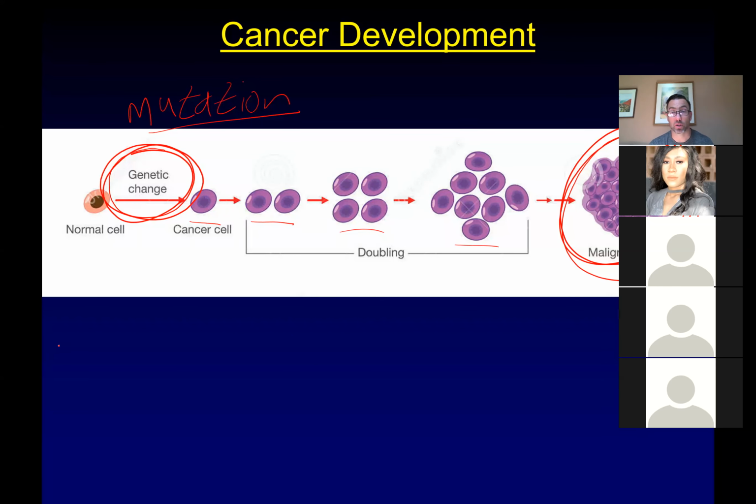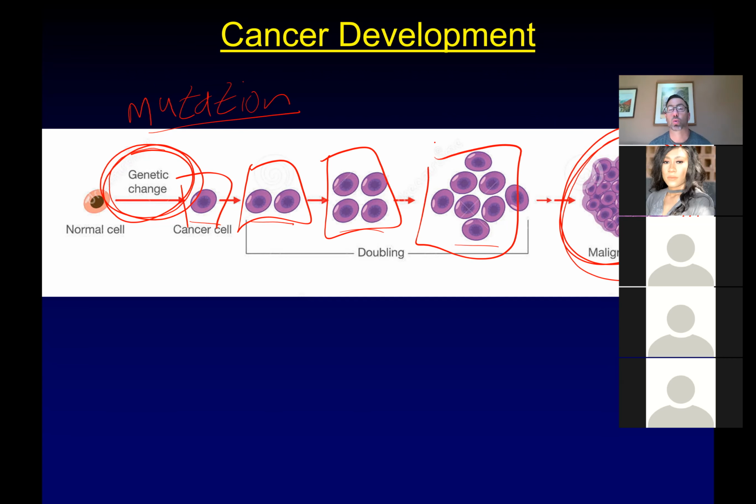So you get a mutation that can be caused by a whole host of things. You get that genetic change, and it tells the cell to start replicating itself. And it can then go from one cell, right, and go from 1 to 2, and then 2 to 4, right, 4 to 8, and you get what we would consider in some ways exponential growth.